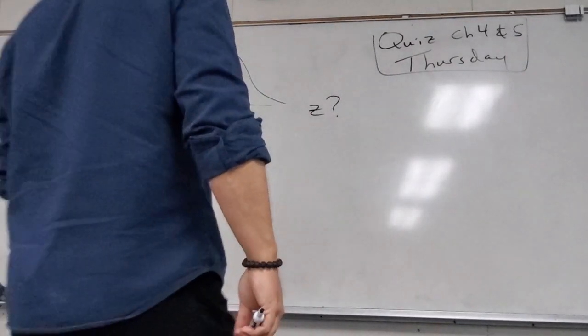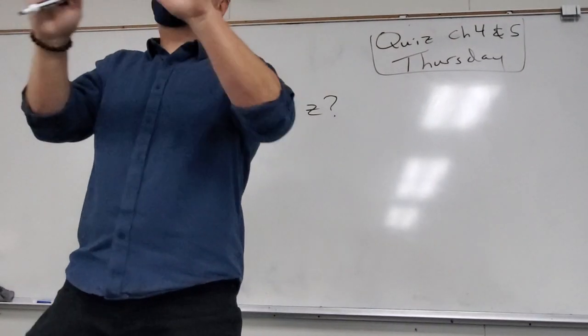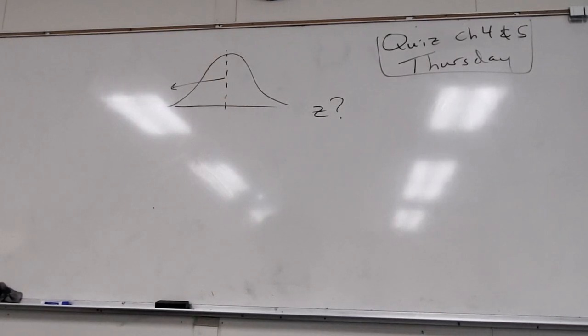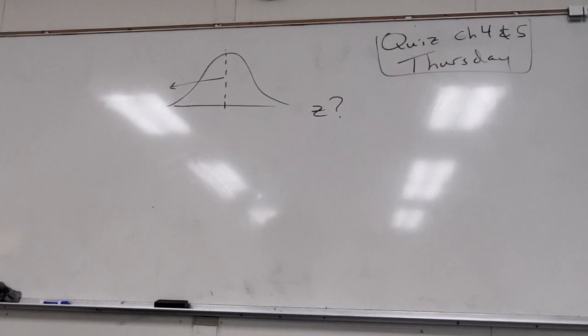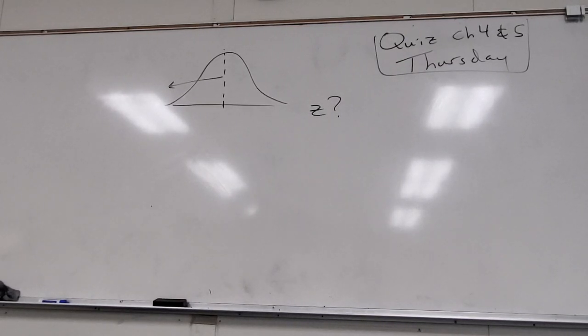A standard deviation away from the mean. How many standard deviations? I really want this to make a ton of sense. Standard deviation is sort of related to inches versus millimeters versus feet. If my distribution is really spread out, I might want my standard deviation to be really big so I can step around it pretty well. If my distribution is really skinny, I want my standard deviation to be small.